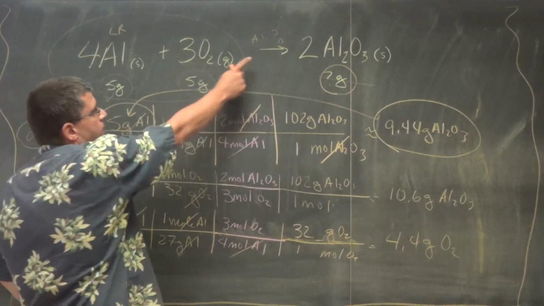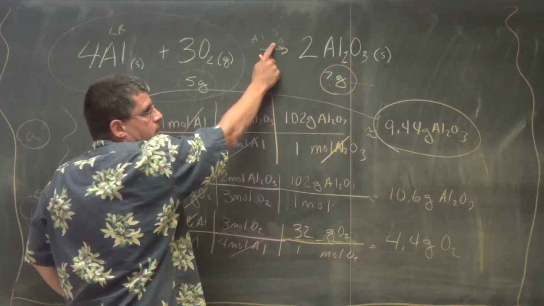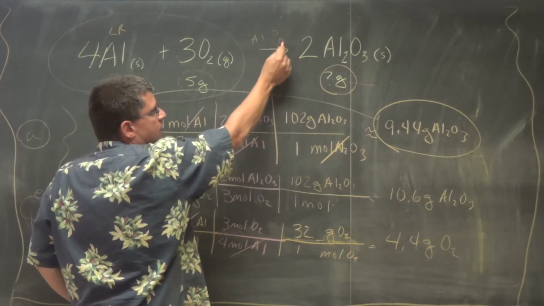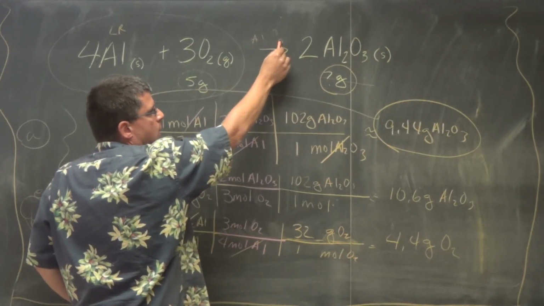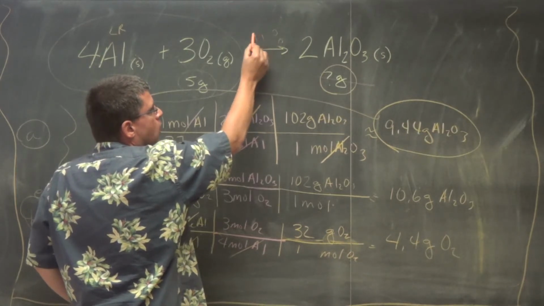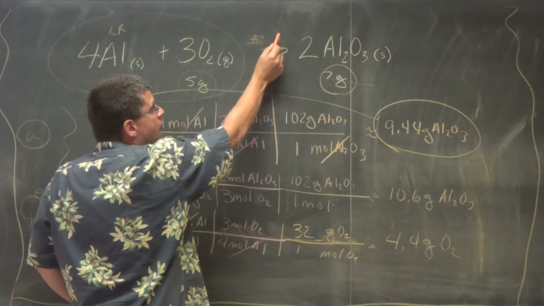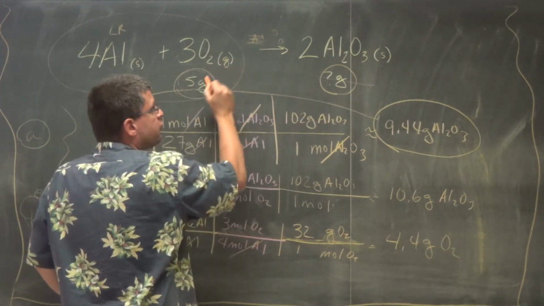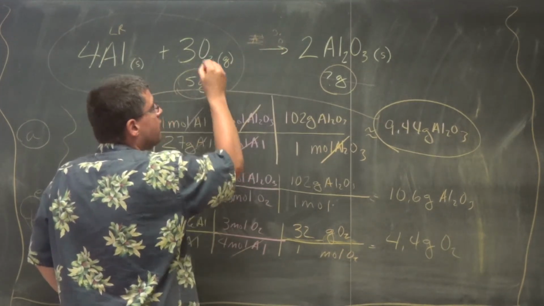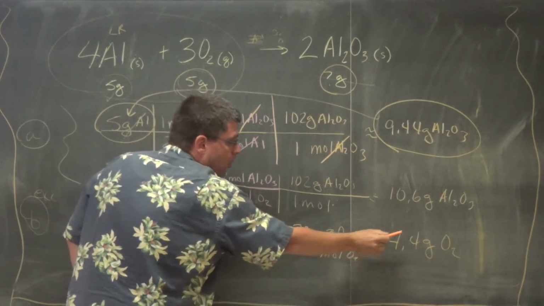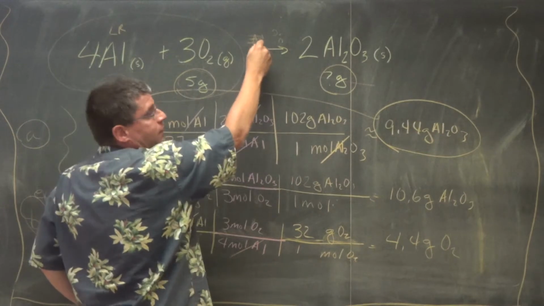So again, go back to bonds break, right? So I've got a bunch of aluminum atoms running around. I've got a bunch of diatomic oxygen broken apart running around. My limiting reagent is aluminum. Oh no, we're out of these guys, right? So some of this goes back to this. Is it 4.4 grams? No. 4.4 grams reacted.